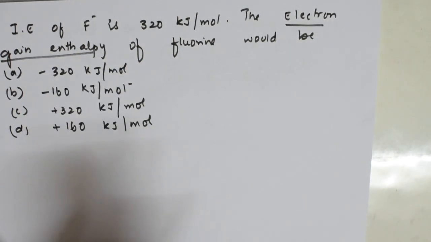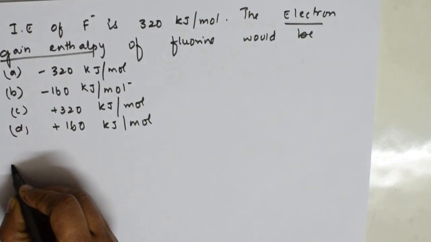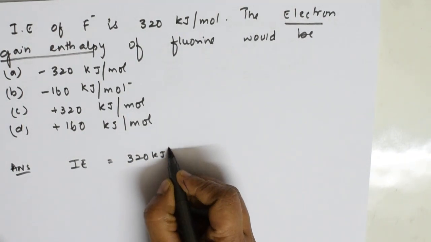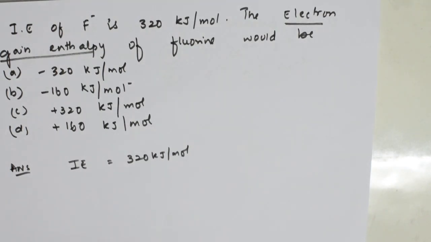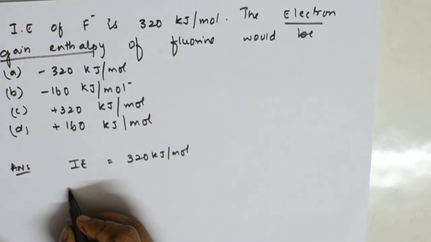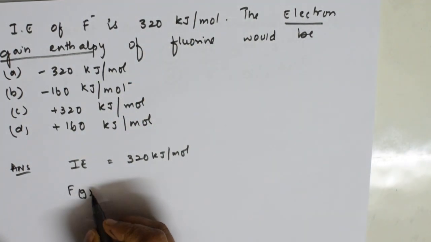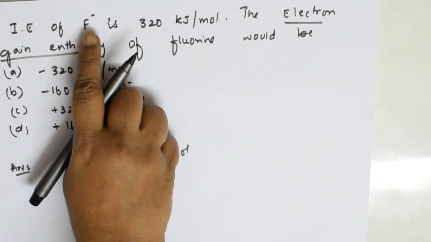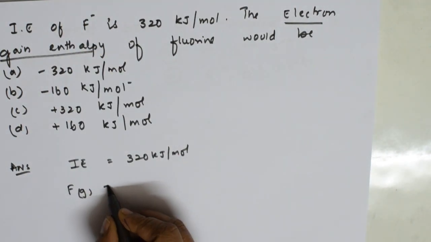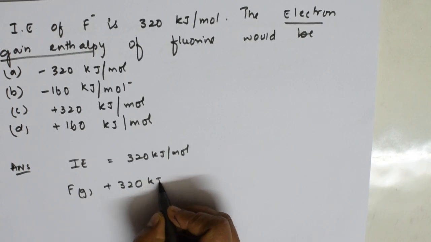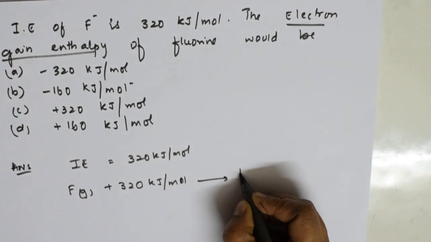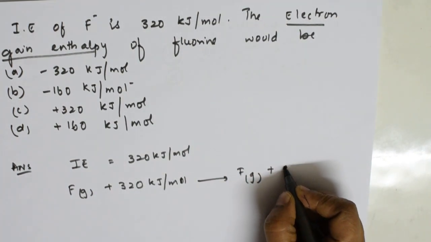Let us first write the ionization energy value: they gave 320 kilojoules per mole. Now what did they say about the electron gain enthalpy? From the gaseous neutral atom, we have got a minus sign. That means 1 electron from the neutral gaseous atom is released. So F in the gaseous state absorbs 320 kilojoules per mole and gives out F gaseous state plus 1 electron.